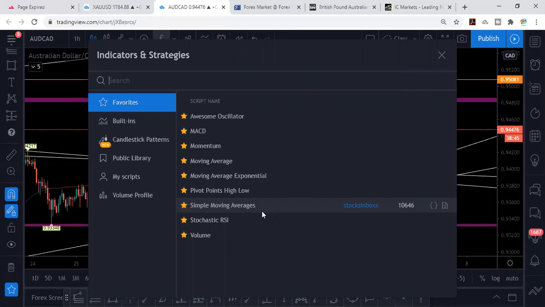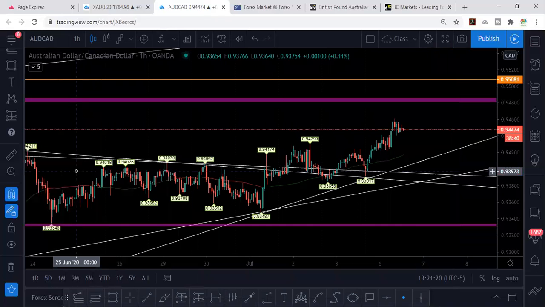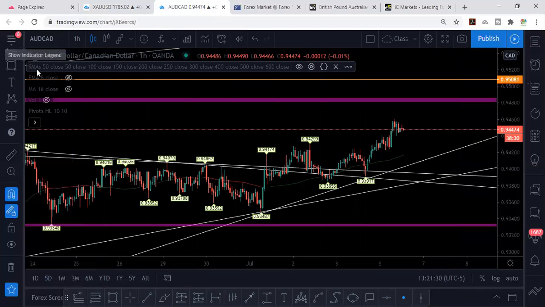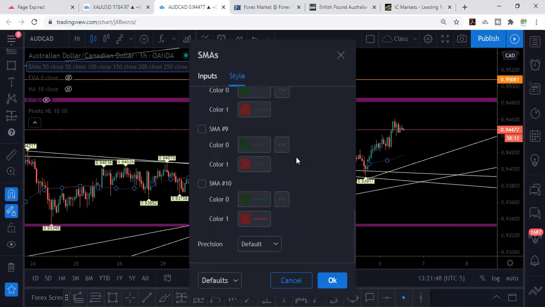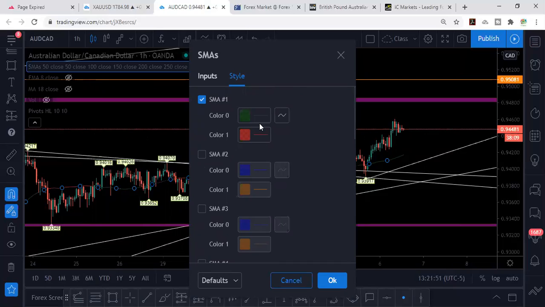Let me look at the settings. So tick only one SMA. Okay, one second. Change the color, green and red. Then change it to green and red back.